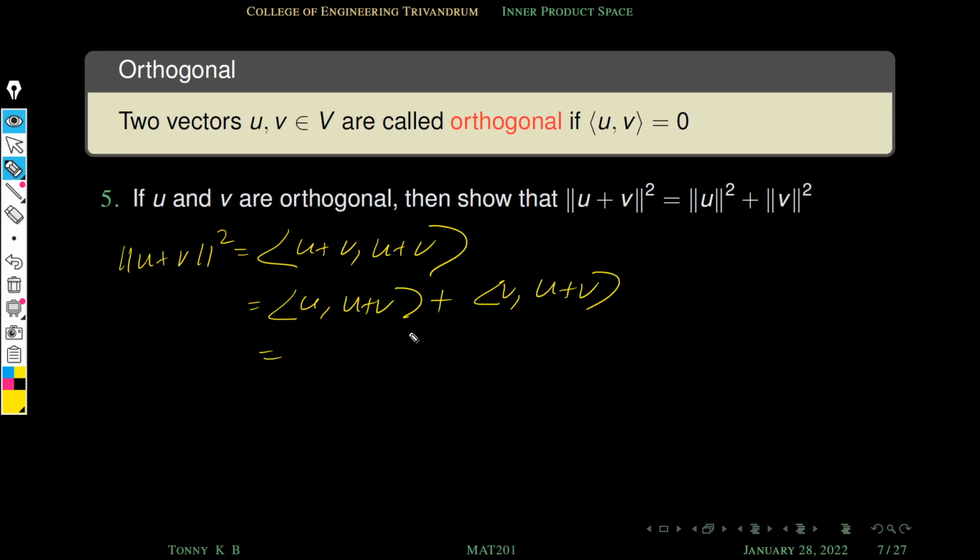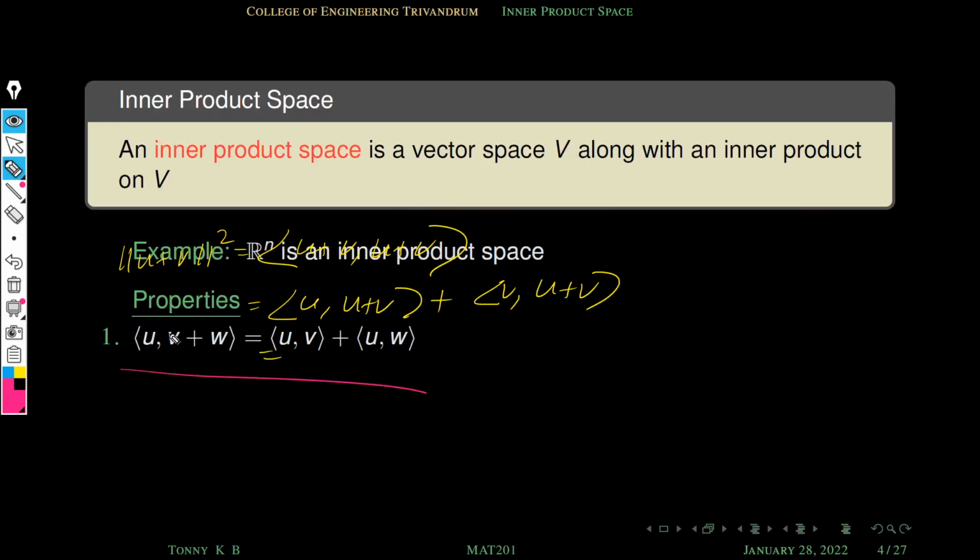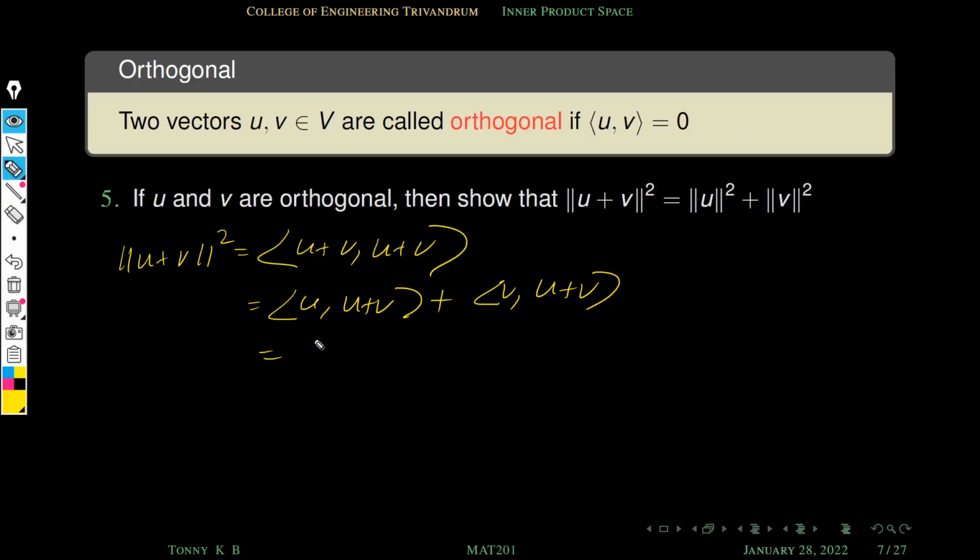Next, you have to apply another property of the inner product, that is, yes, this one: the inner product of u comma v plus w is equal to the inner product of u,v plus the inner product of u,w. That is, (u,u) plus (u,v), and this one becomes (v,u) plus (v,v).